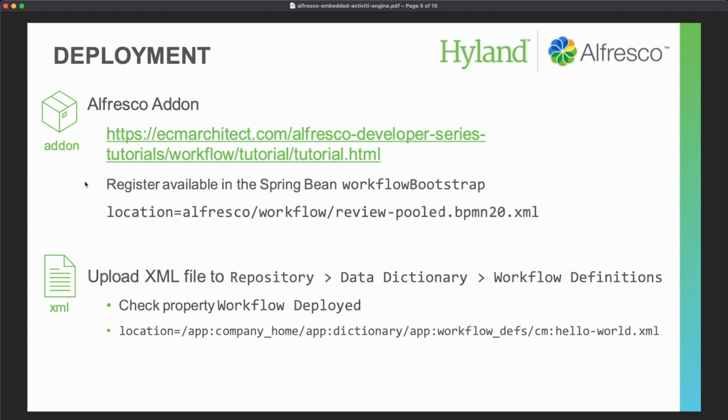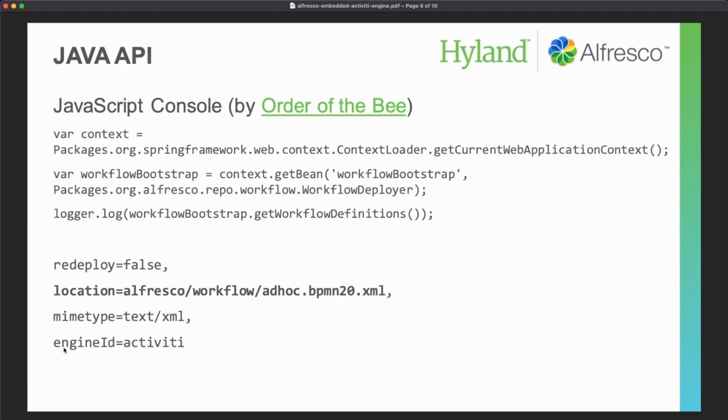The second operation you can do is to upload an XML file with the definition in this repository Data Dictionary workflow definitions folder. Just check the property workflow deployed, and after that you have also your workflow definition ready to be used on the repository.